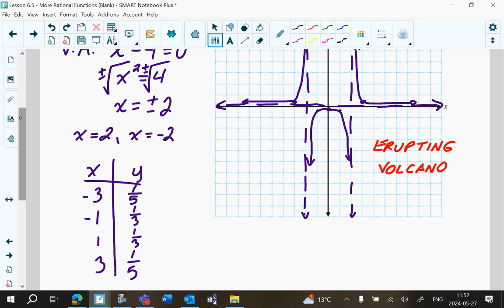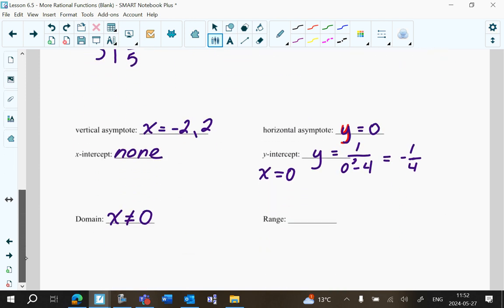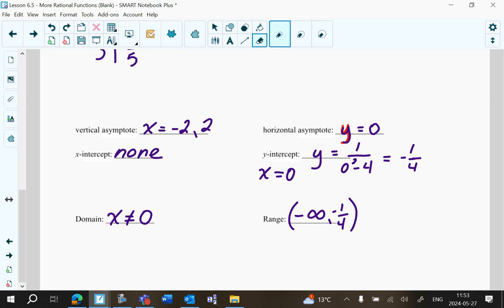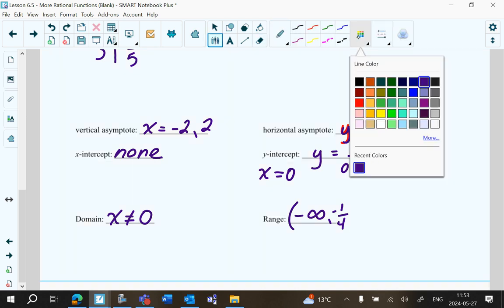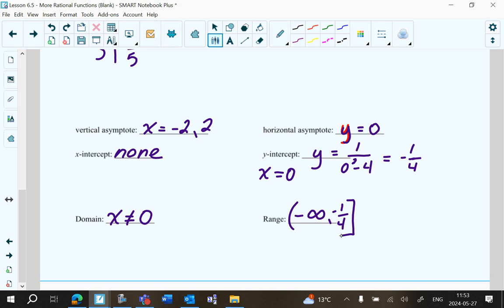Okay, think of the portions. The upside down parabola goes all the way down to negative infinity, comes up to negative 1/4, and does include it. Included? Yes, because that's the y-intercept. And then the upper portion of the graph goes from 0, not including, all the way up to infinity.